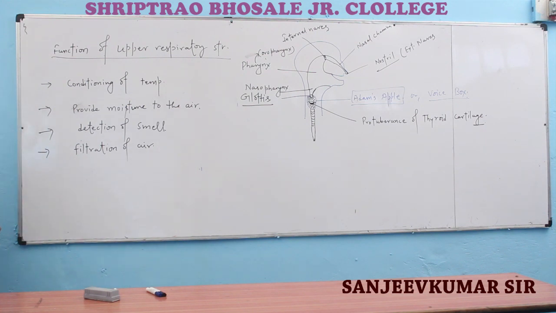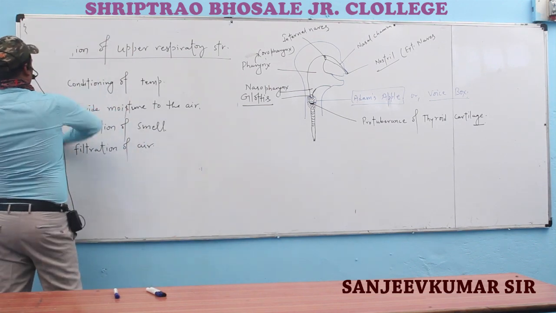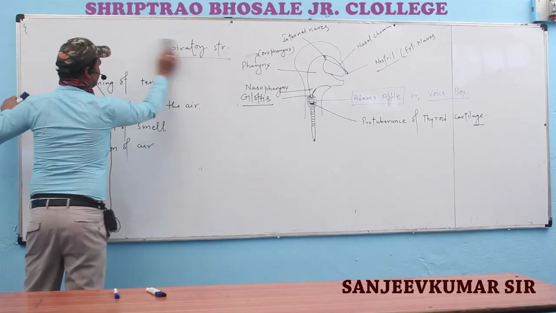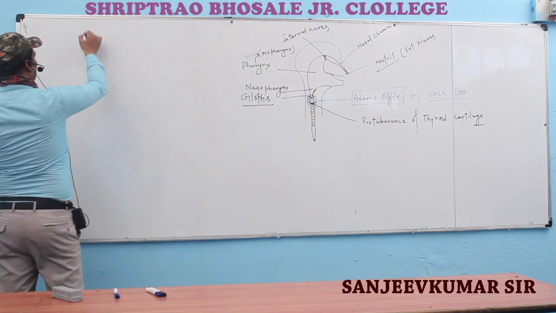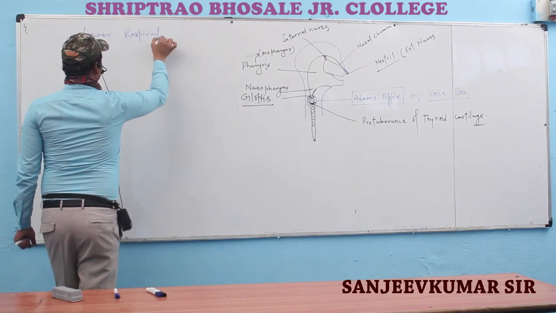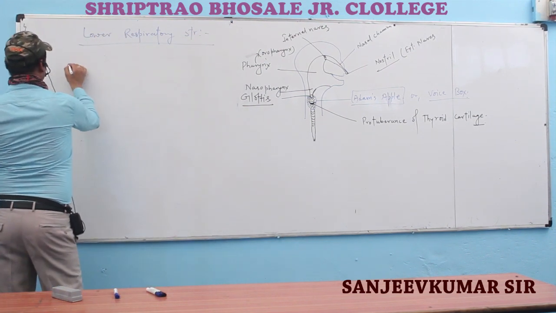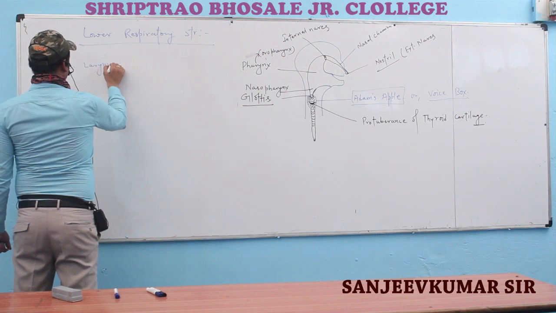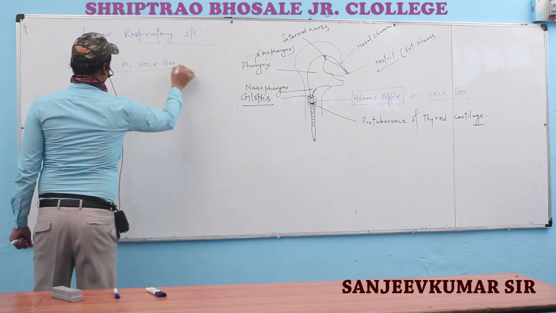Now after that, we have to notice the lower respiratory structure. We will discuss it one by one. The first is the larynx, or voice box.